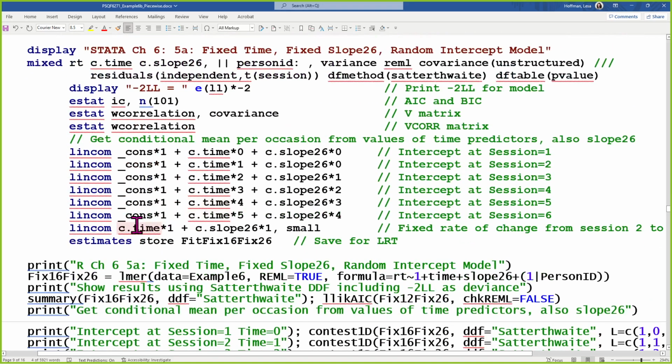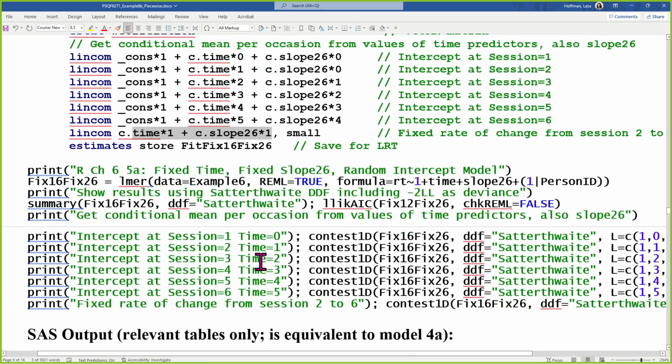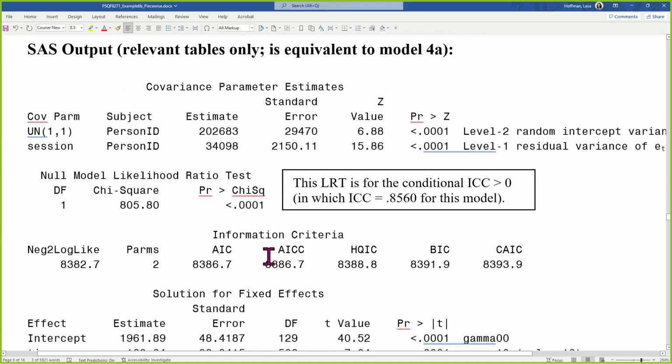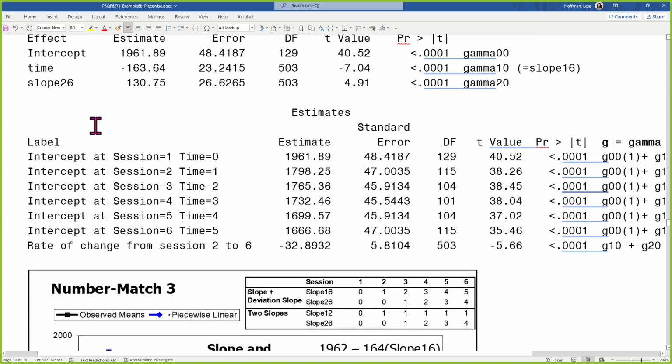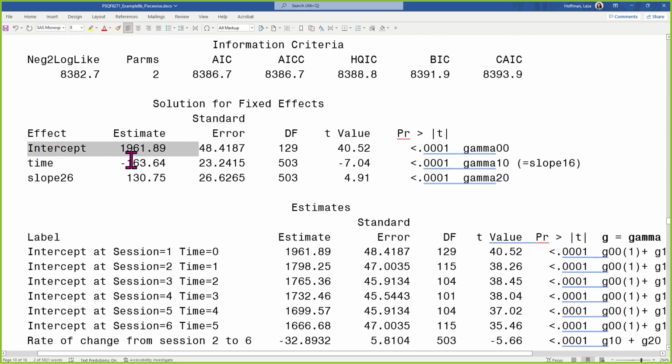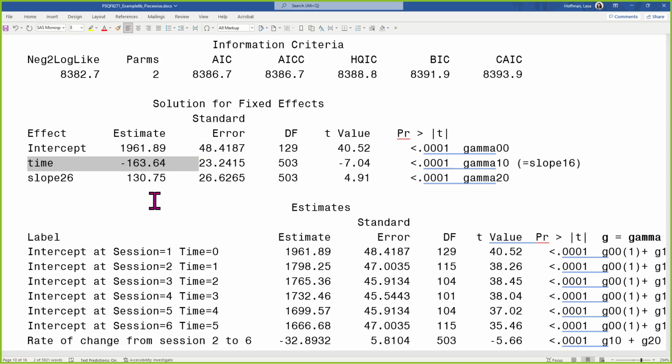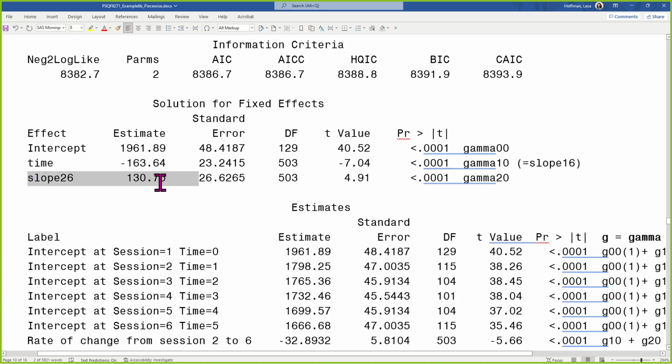So I asked for that linear combination to get the second slope in each program. And lo and behold, the results are exactly what we would expect. The intercept is still 1961. The first slope, even though it's indicated by time that goes all the way through, is the same number, because it's the unique effect of time after controlling for slope 2.6.